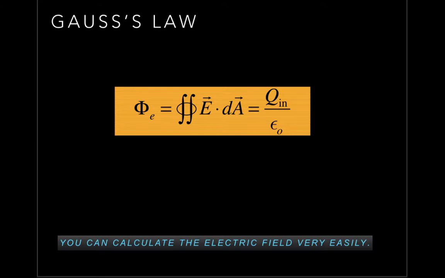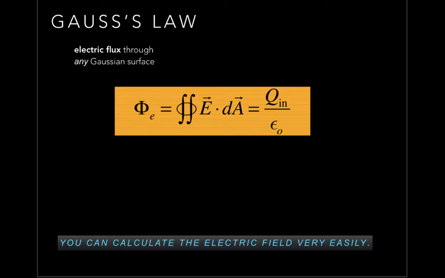You can pretty much guess what shapes we're going to use: spheres, boxes of any sort, and cylinders. That's pretty much it for Gauss's law. That sounds simple, but there are lots of different ways these things can manifest themselves.